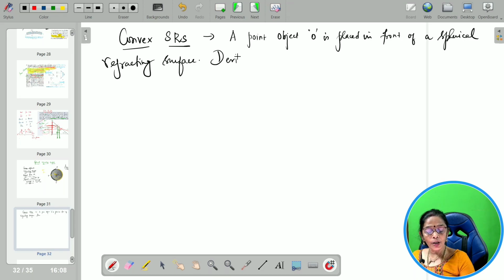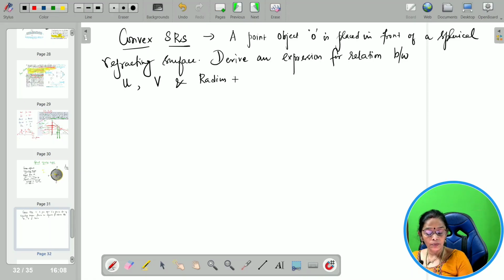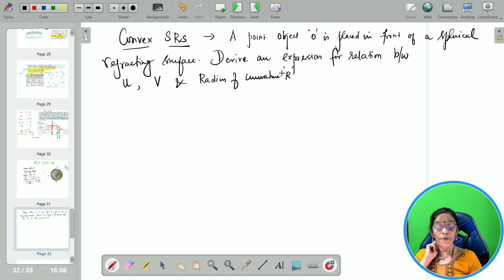Derive an expression for the relation between object distance, that is u, image distance v, and of course the radius of curvature, that means the radius of the spherical refracting surface. So, now I have taken the convex SRS.